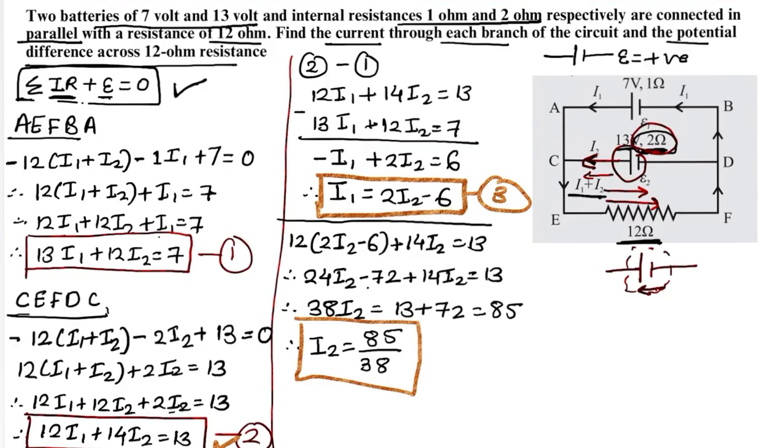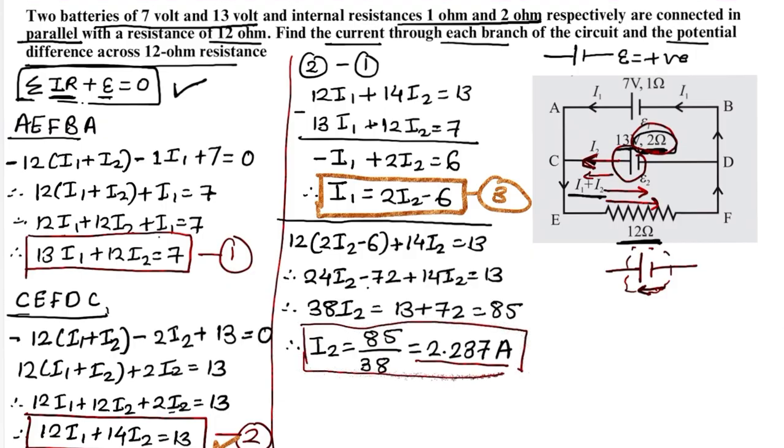If we use log table, its final answer will be 2.237 ampere. This is the value of current which is flowing through the 13 volt battery.